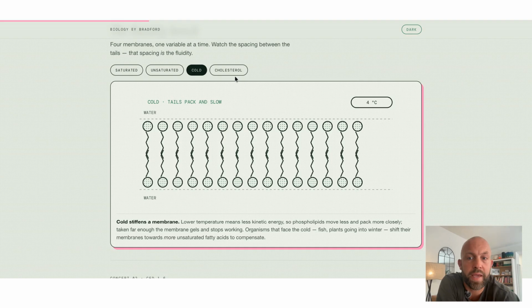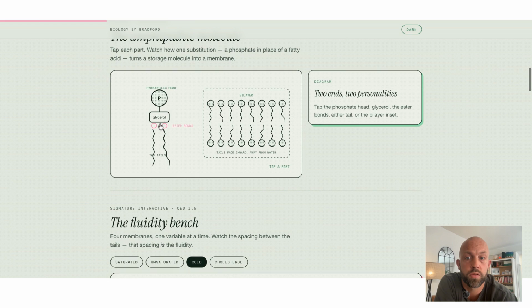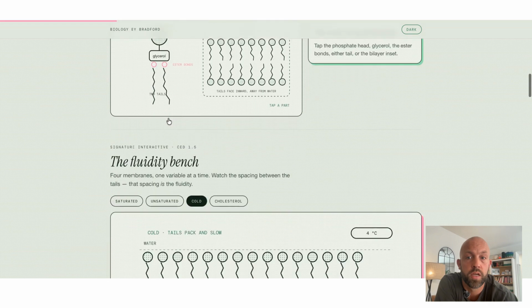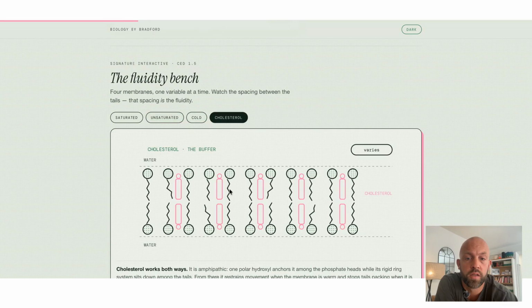We can actually add another amphipathic molecule, because these molecules that have a hydrophilic head and a hydrophobic tail, that have this dual charge here, we call them amphipathic. And then another one would be cholesterol. So cholesterol is something that's got a hydrophilic head and a hydrophobic tail, and it packs into the membrane.